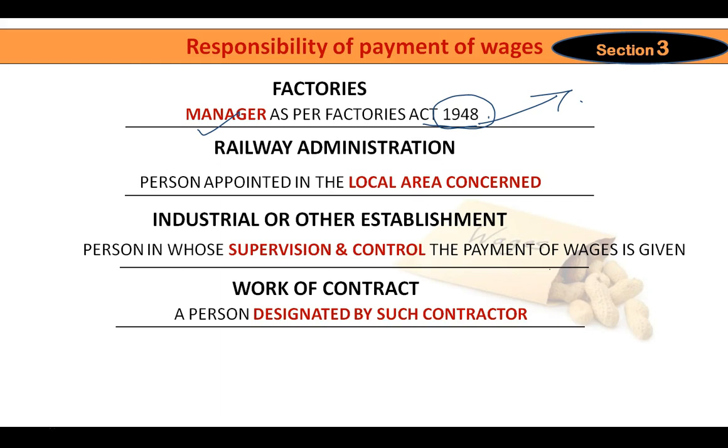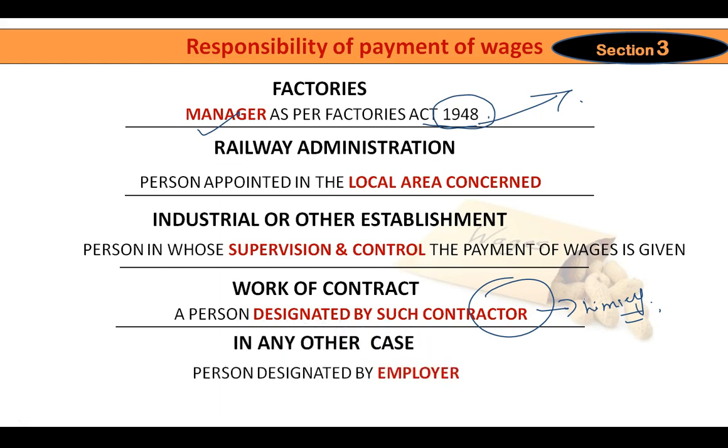Even a contractor can also be a responsible person. The contractor himself can also be covered under this Section 3, and for the work of that contractor he can designate another person, that he can choose a person to be responsible for payment of wages. And in any other case except these four, if any other case comes, any person can be a responsible person if designated or appointed by an employer.